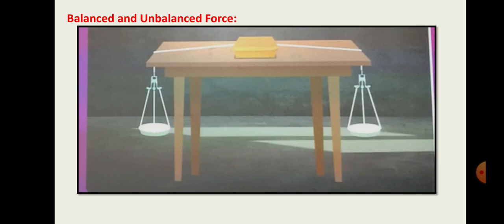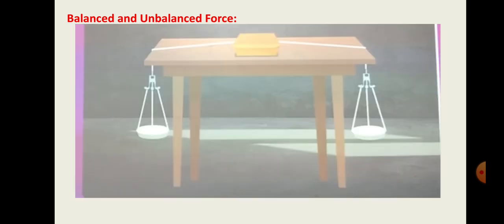We have to arrange it on the table in such a way that the two pans are tied on the two ends of the string, and on that string the cardboard box is placed. Now we can see that the pans are at the same position. Now we have to take two equal masses and place them in both the pans.